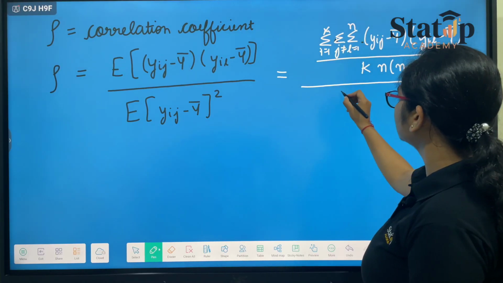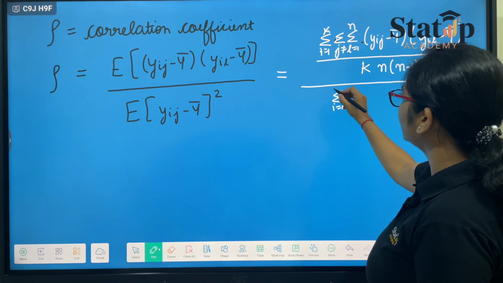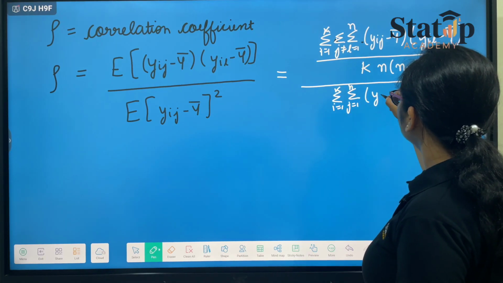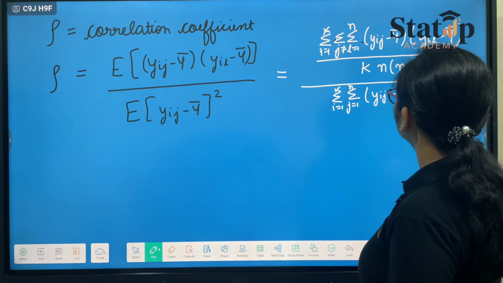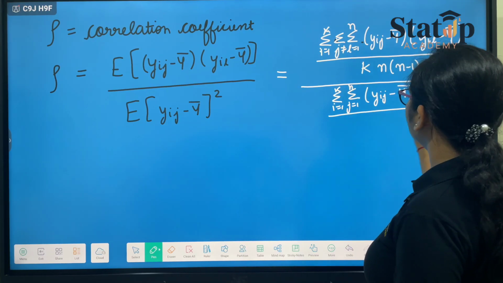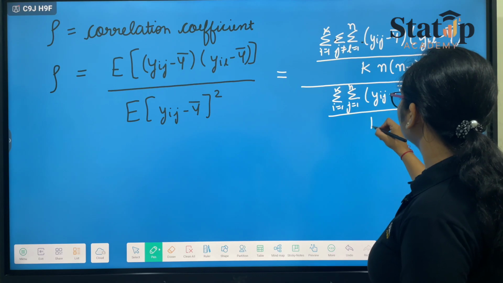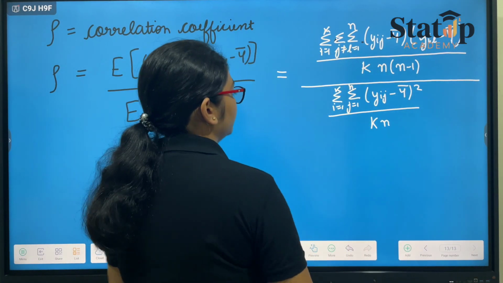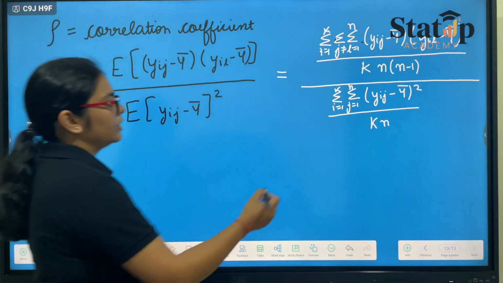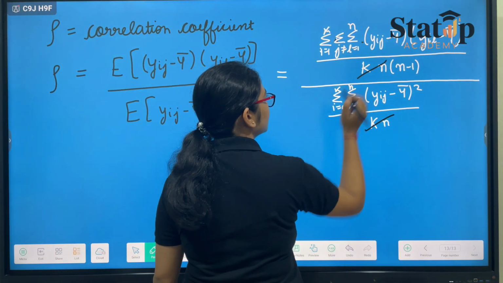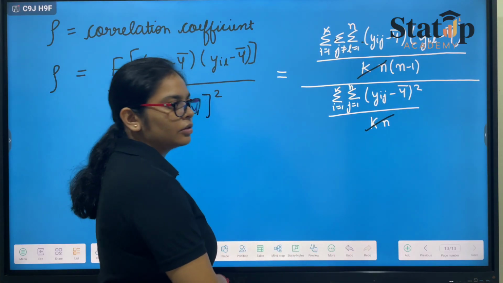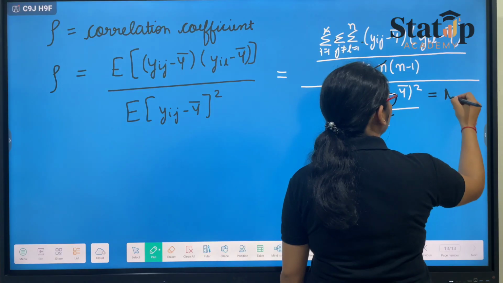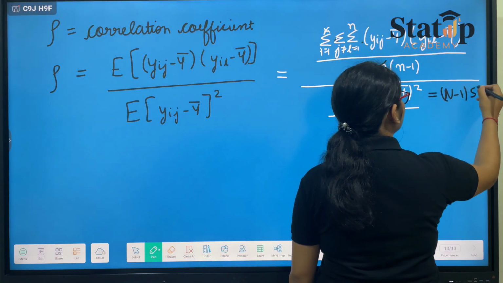And similarly, this would be summation i goes from 1 to k, summation j goes from 1 to n, (yij minus y bar) whole square divided by, selecting it would be k. So here kn and kn get cancelled, and this is nothing but the simple random sampling without replacement. So we can write here it is equal to (N minus 1) S square.